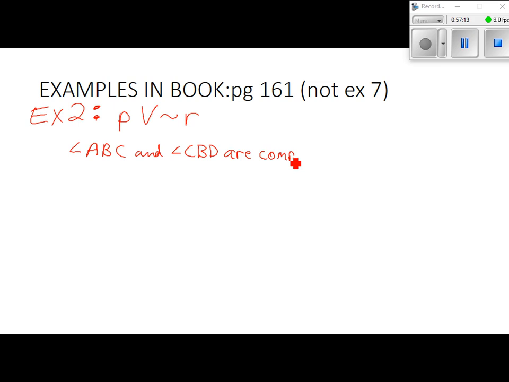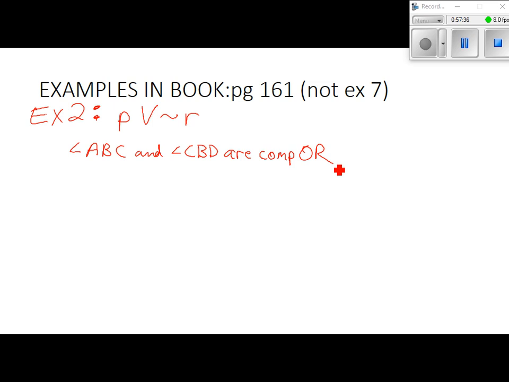Supplementary means they add up to 180. Complementary means they add up to 90. What's the symbol tell us, Caleb? Or. What's this symbol tell us, Kylie B? Not. So we're going to have to put not in this, right? So it says not R.